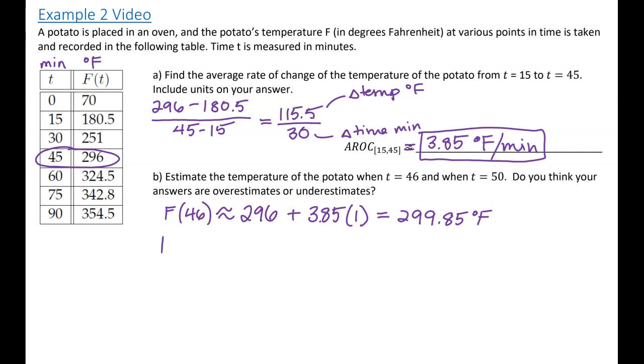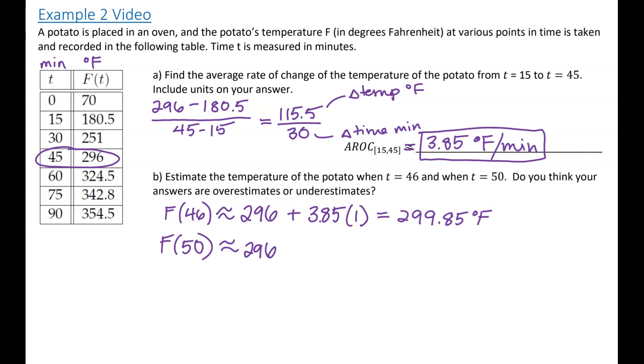We're then asked to check out f of 50, and we can use that same thinking. I would still say 45 is our closest point, so I'm going to keep using it. Technically, you could use any point. I would expect to get better estimates by using closer points because we have no idea what kind of curve shape this might have. So I will stick with the 296 as a starting point.